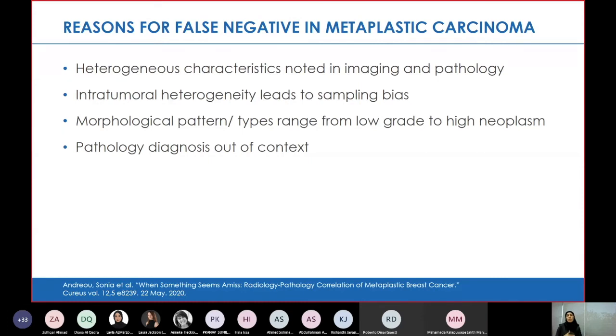We have a low-grade type and a high-grade type with a big list of differential diagnoses. And it's not uncommon for us to have a pathology slide without clinical or radiological information, but we always have to go a further step and get more clinical information whenever we need to, and contact our clinical colleagues.